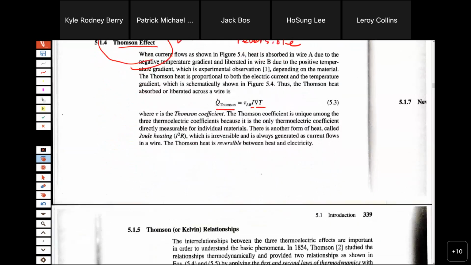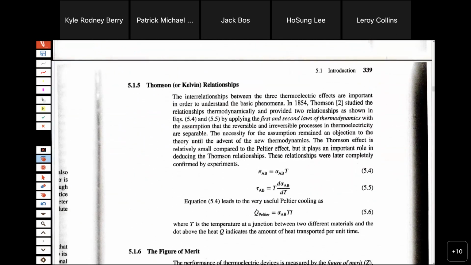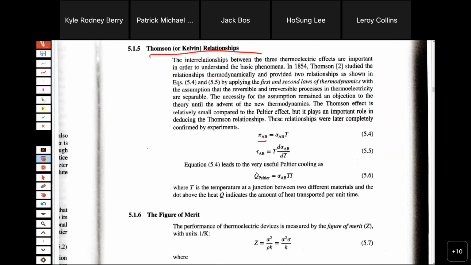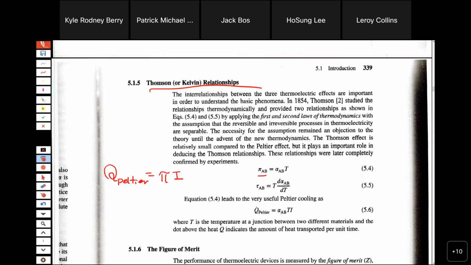And anyhow, let's move on. So the Thomson relationship: this is the Peltier cooling, the Peltier coefficient times current. People have a lack of knowledge about thermoelectric. They mostly know Peltier and Seebeck, but not many people know this. But this is huge.